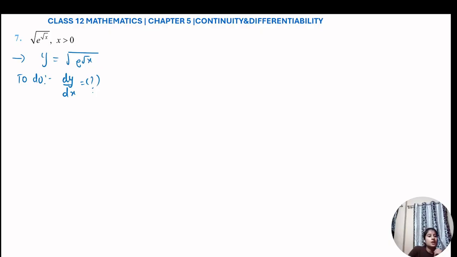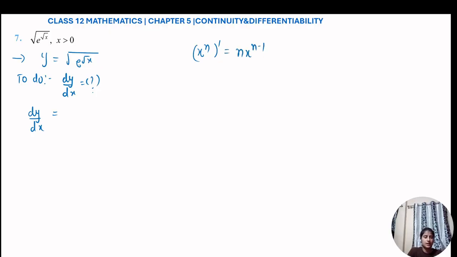So now our dy by dx will be: differentiate the outer function. We know that our outer function is root of something inside. So what we do is differentiate the outer function and keep the argument as it is. We know that root x, or x raised to n, has its derivative given by n times x raised to n minus 1.